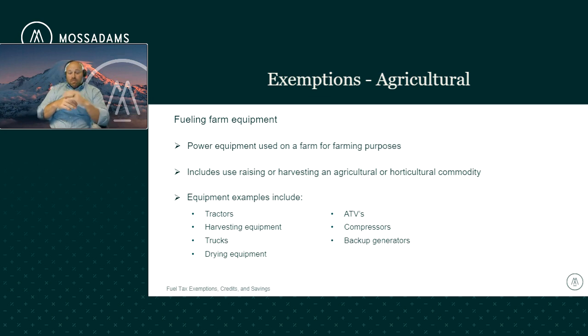It can be animals, it can be chickens, it can be crops, it can be nuts, fruits, those types of things, but it does have to be some kind of ag or horticultural commodity. And the training of animals can go in there. So you can have a horse farm where they're doing training, and a lot of the equipment that they're using that's burning fuel would qualify for an ag exemption.